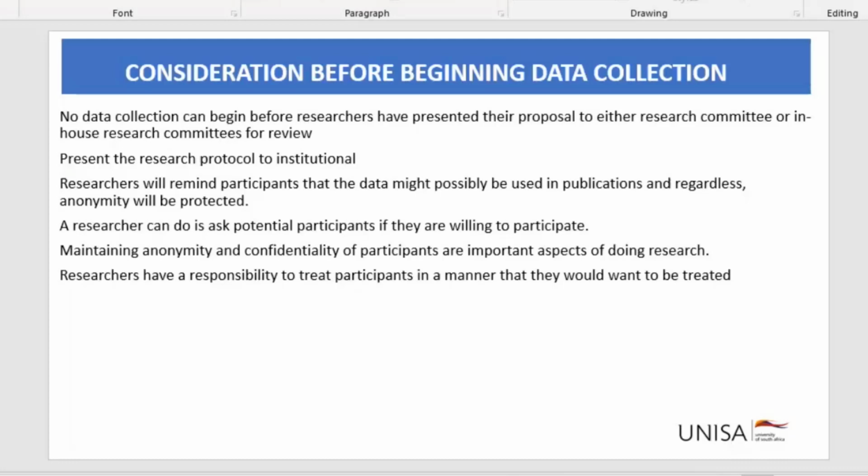It's not like you've got the same way of presenting, but at the end of the day, each institution will have its own protocol. So you as researchers need to be reminded that when you collect data from participants, you need to protect their anonymity, and you need to disclose the fact that you might be publishing the work that you're doing.